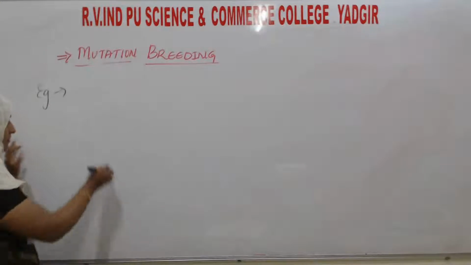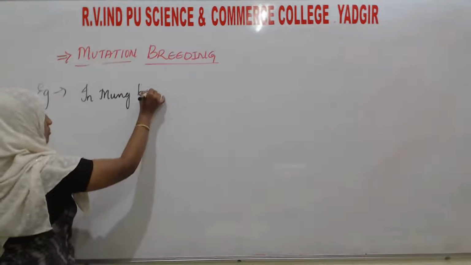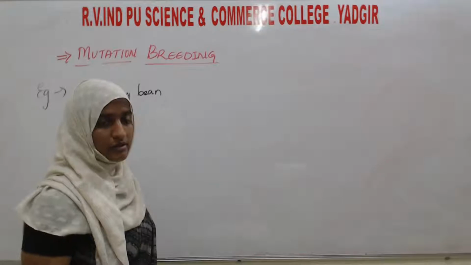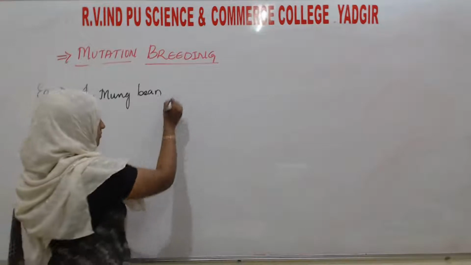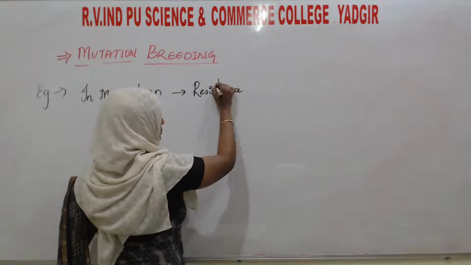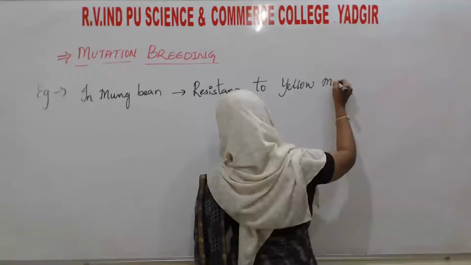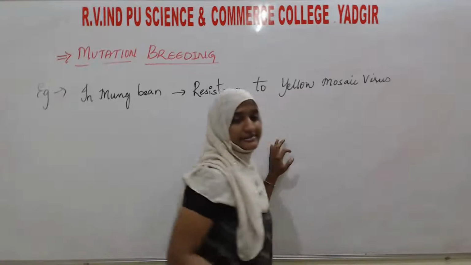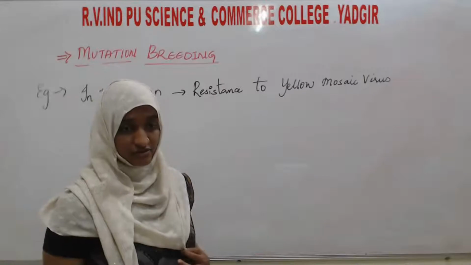In moongbean, which is one of the pulses, there is resistance to yellow mosaic virus. It is resistant to what? Yellow mosaic virus, which is induced by the mutation.